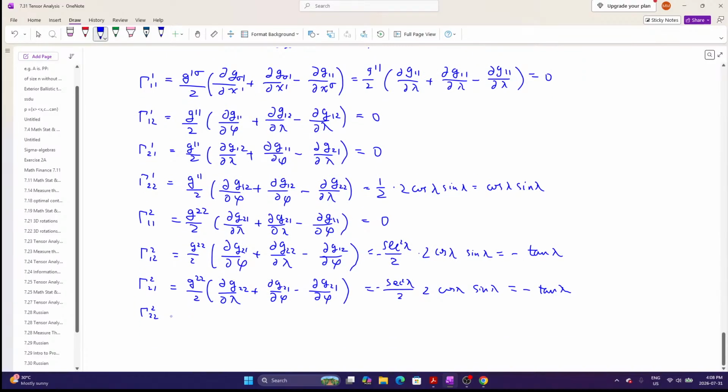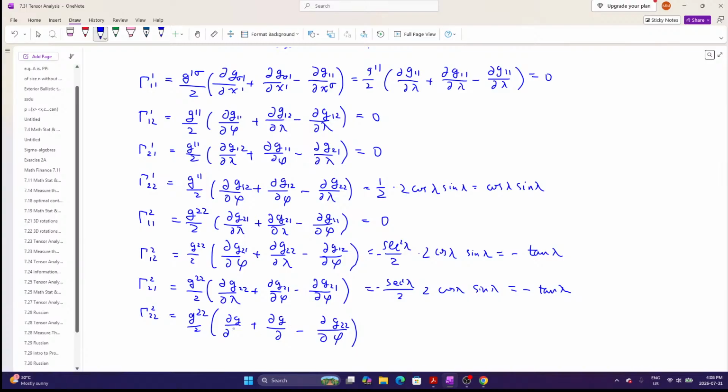Well, the last term would be g22 over 2 times dg over d something plus dg over d something minus dg over d something. In this case, it would be dg22 over dx2. x2 is just phi.